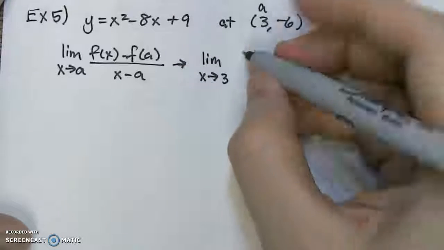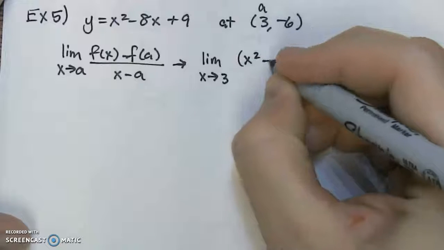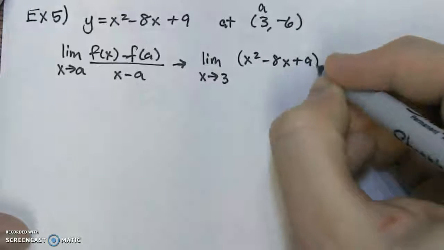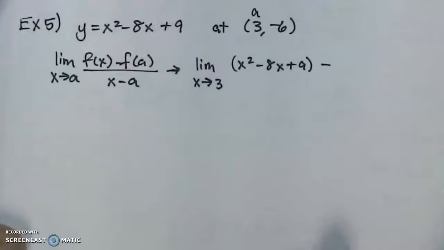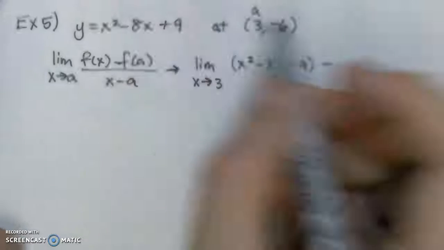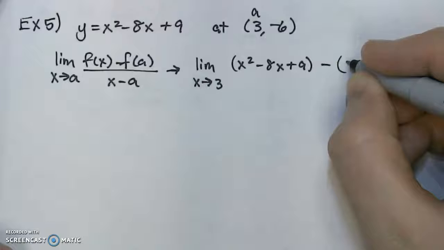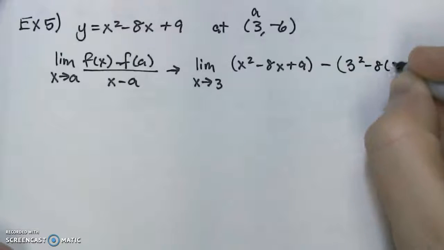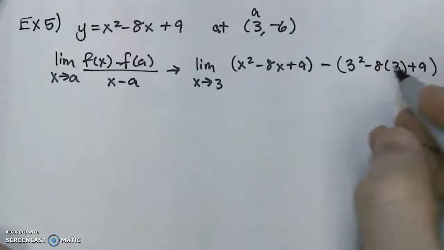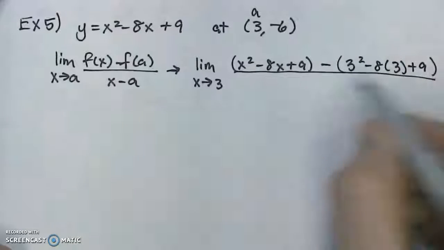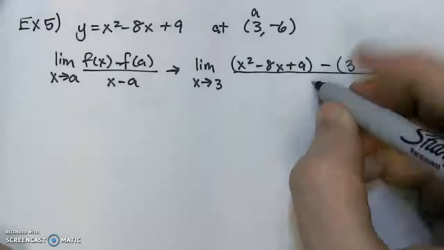So this says f of x, so you're going to leave x alone. Minus, then you're going to plug in your a. You're going to plug in 3 for these. And then x minus a will be x minus 3.